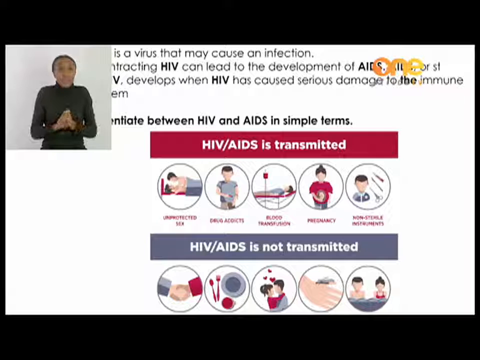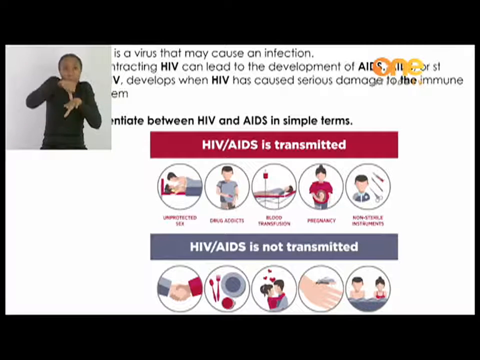Therefore, you can only get HIV from having unprotected sex. You can also get HIV through drugs, especially drug addicts when they share injections. HIV is also transmitted through blood transfusion. For example, when you are in an accident and you lose a lot of blood, that's when you go to the hospital and get new blood from somebody else.